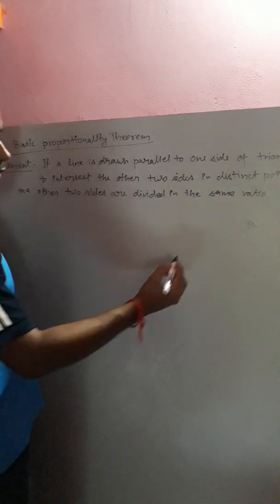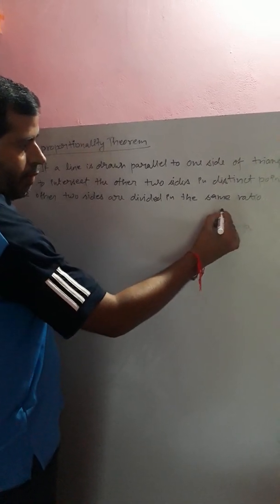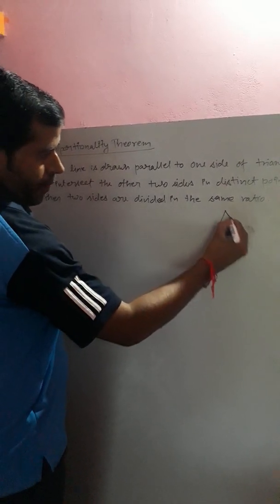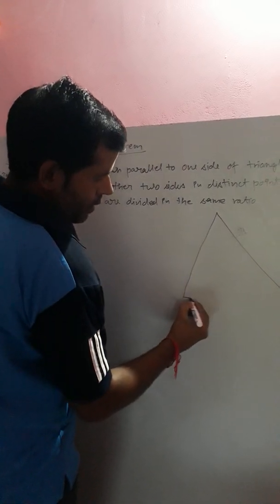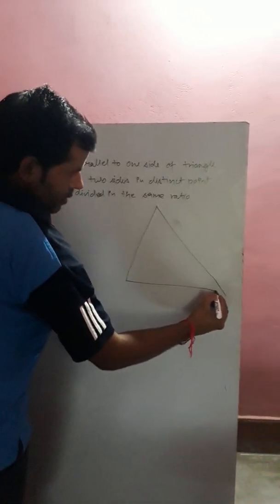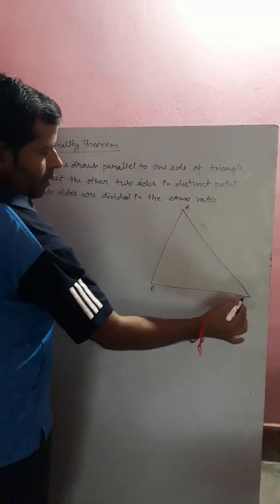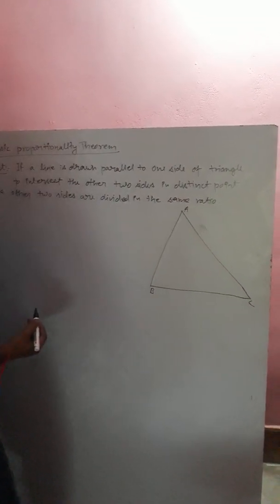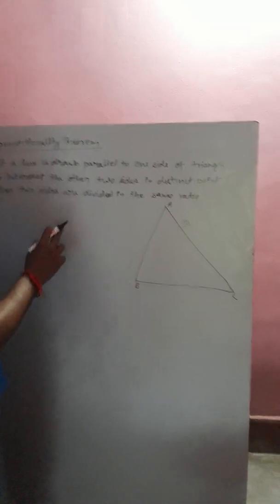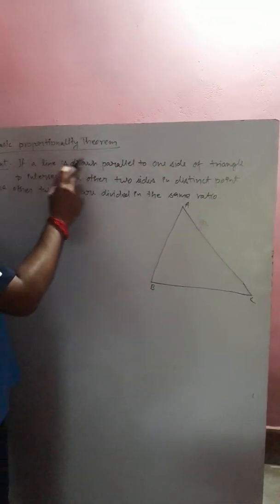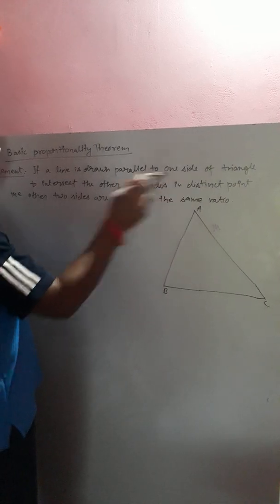So let us see the diagram. How can we make the diagram here? There is a triangle. Let ABC be a triangle. Now a line is drawn parallel to one side of the triangle.